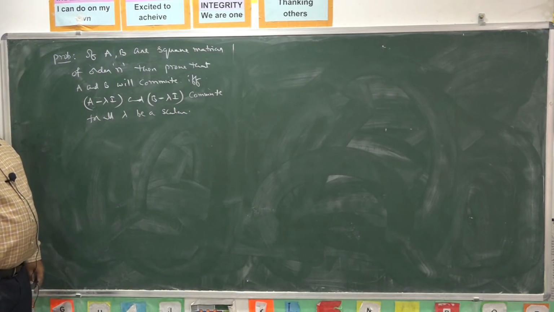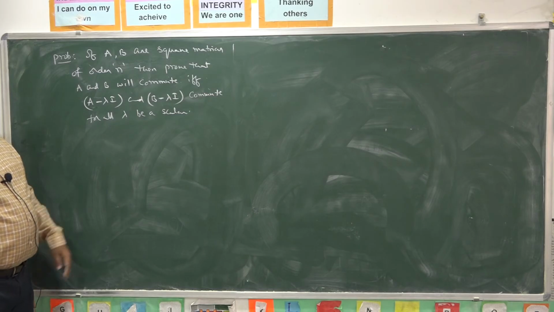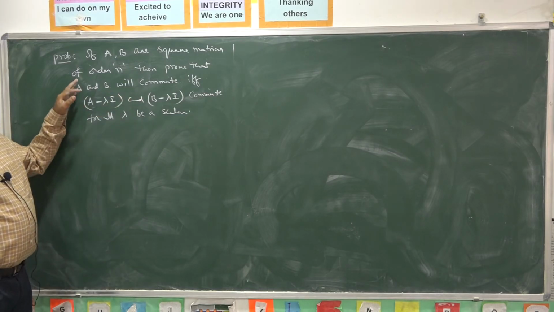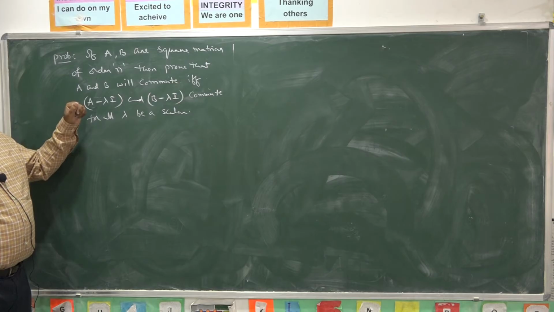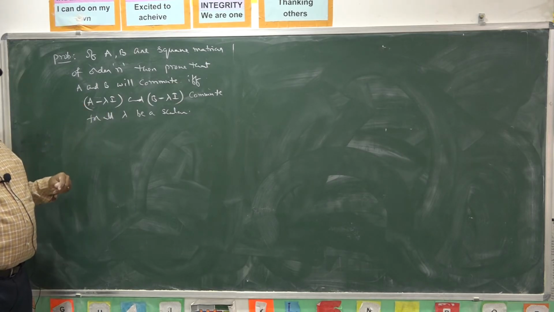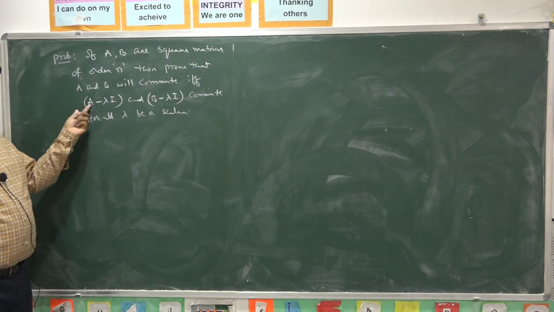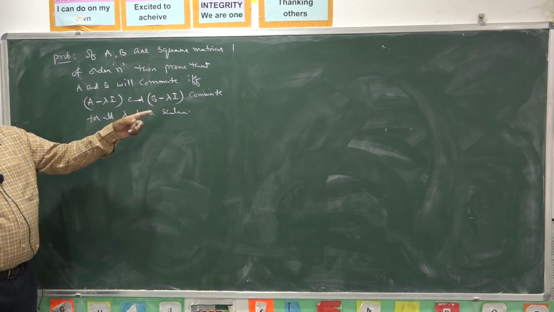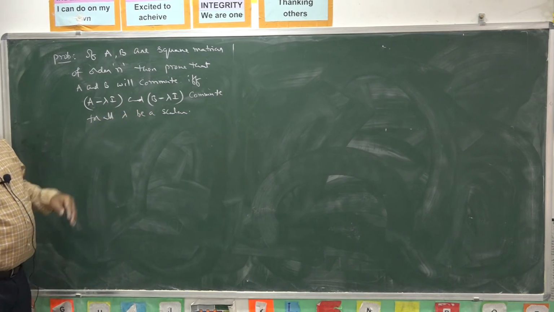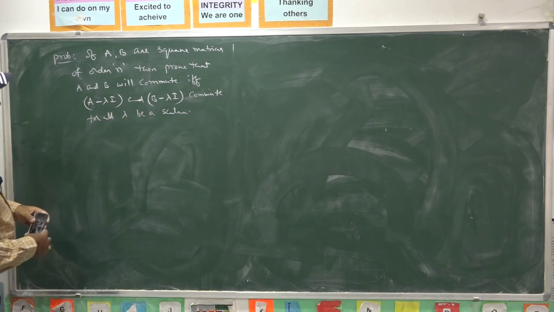Here A, B are square matrices of order n by n. Then prove that A and B will commute, that means AB equal to BA, if and only if A minus lambda I and B minus lambda I commute, where lambda is a scalar.